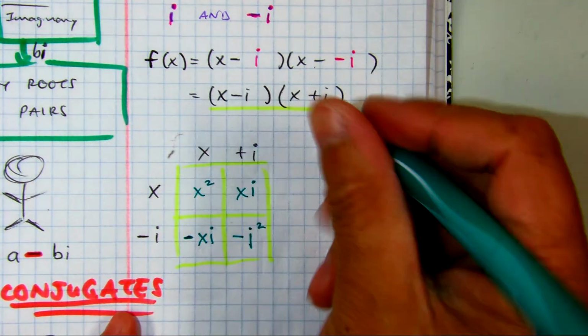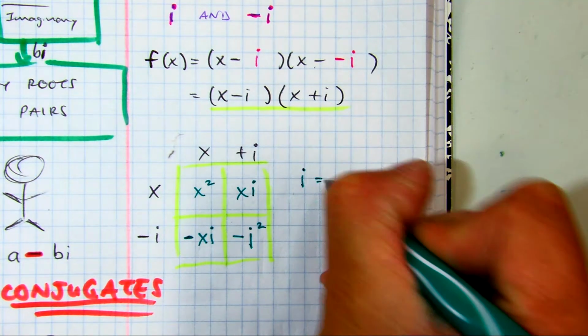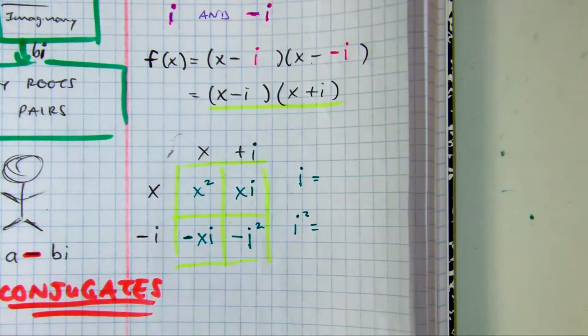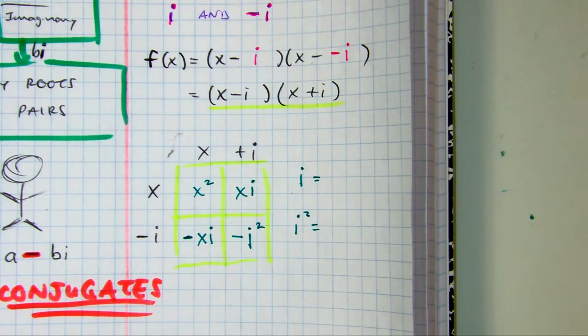Let's go through some really quick review. With your partner, see if you can come up with these two basic ideas. What is i equal to, and what is i squared equal to? Take 20 seconds. Ready, set, go.